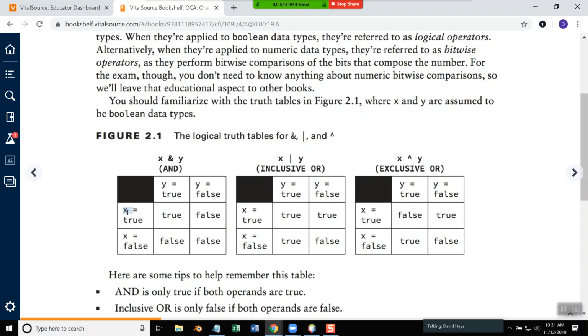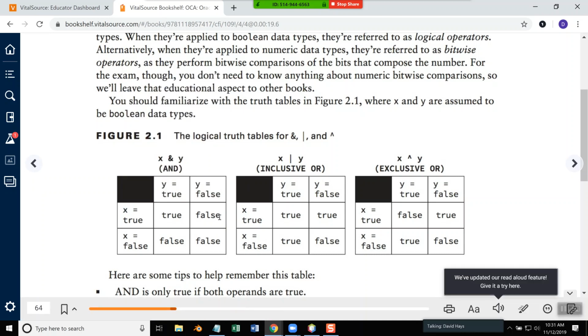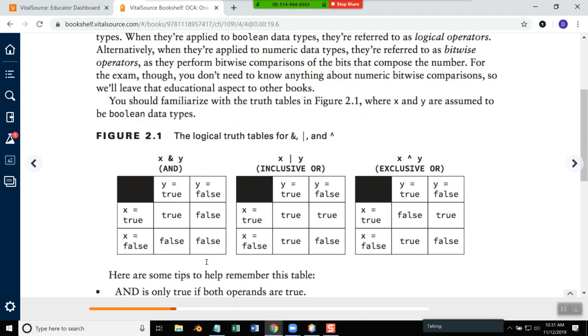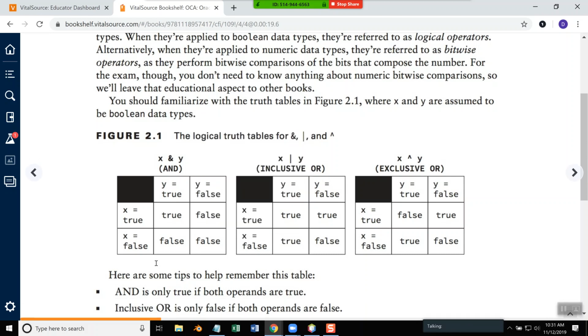If x is true and y is false, then this is false. If x is false and y is true, it's false. And right here, if x is false and y is false, then that's false. So the gist of that is when you got the and, the only time it's true is when both of them are true, which is the way it is in real life.